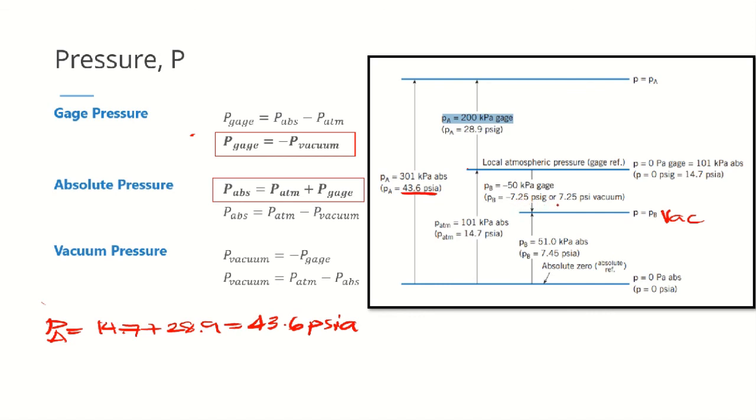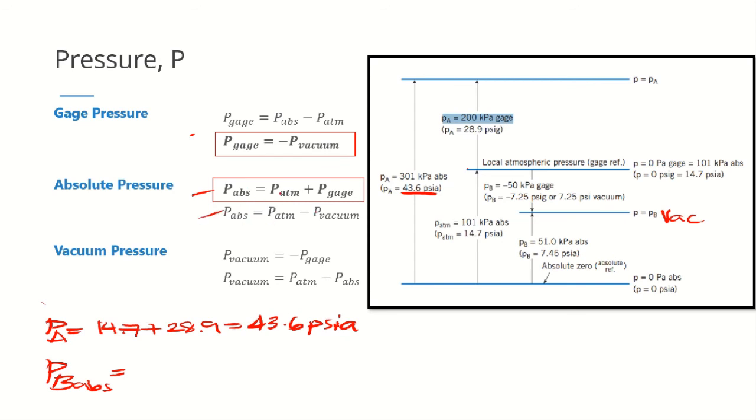Ayan, so yung gauge pressure niya daw is 7.2 PSIG, or in vacuum pressure naman, positive yun. So 7.25 PSIA. And so gamitin natin, so to compute yung absolute value ng PB, PB abs na lang para. Yan. So pili tayo dito sa formula. So pwede natin gamitin ito or ito.